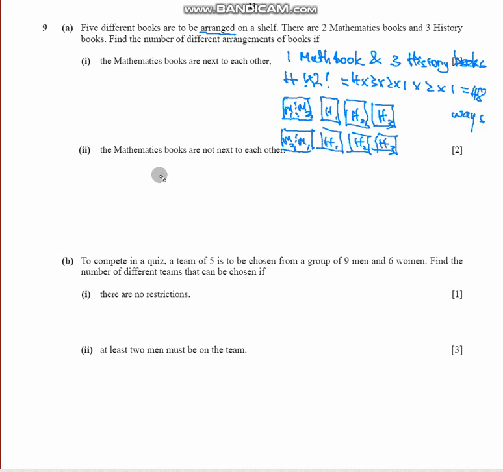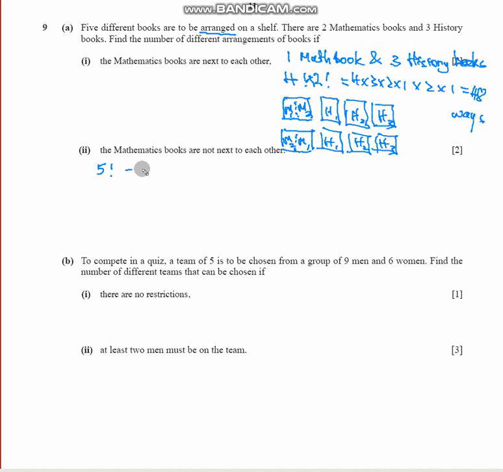Now, the maths books are not next to each other. For this case, what you have to do is consider all the permutations without restriction first. That means 5 factorial. Then after that, you minus away the permutations where the two books are always together, which is here.